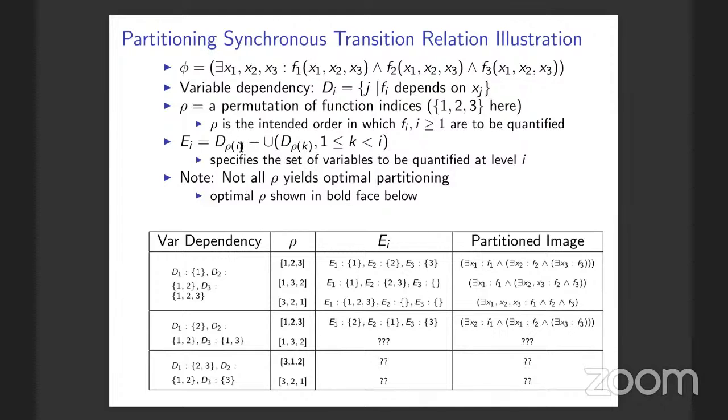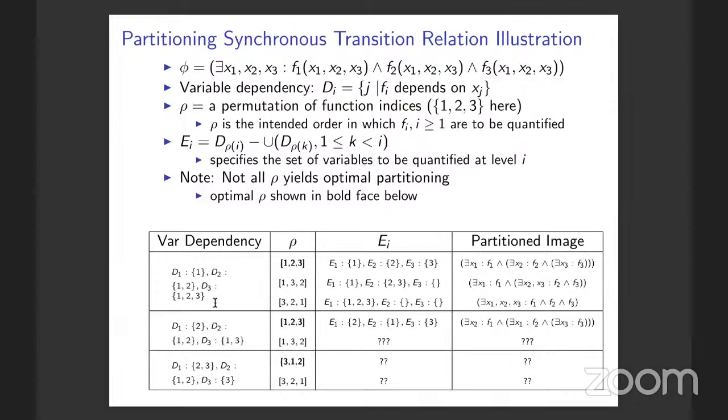For a given permutation, you take rho(i), which is rho(3) here, and subtract the union of all the Dis that appear before it. And you end up getting it this way. This is the most optimal ordering in that it picks one function at a time to eliminate these variables.